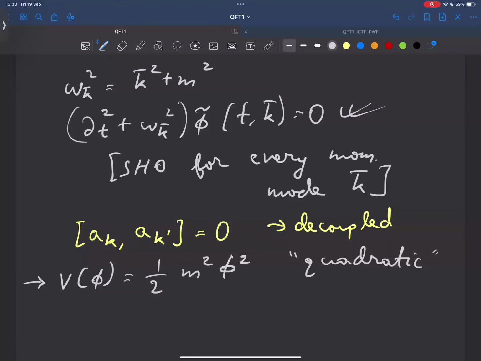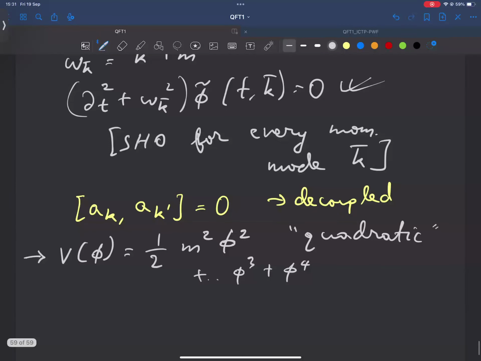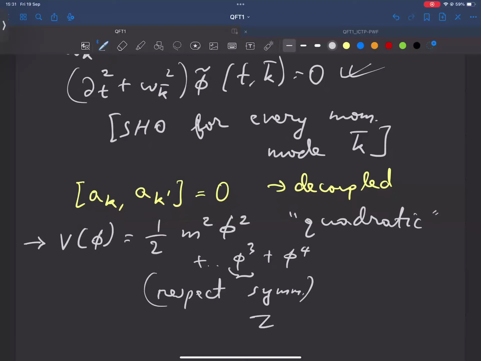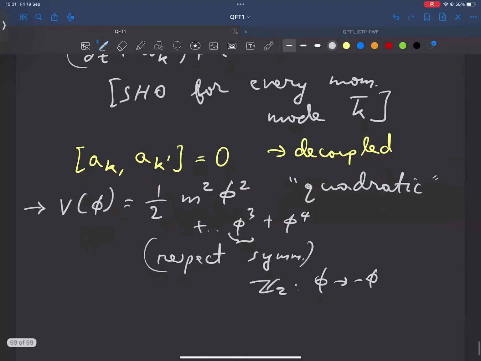But in general, in nature, you could have terms on top of this, which are cubic or quartic and so on. Obviously, you want to respect the symmetry. For instance, you cannot have phi cubed if you demand Z2 symmetry, like phi going to minus phi. But you can definitely have higher order even terms. We will not be considering those here.